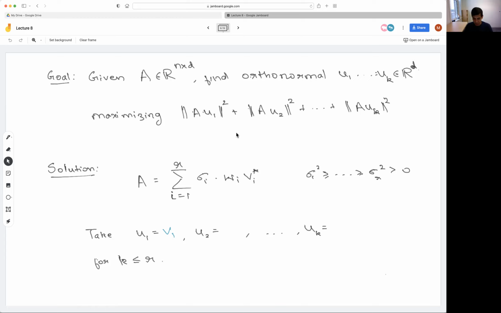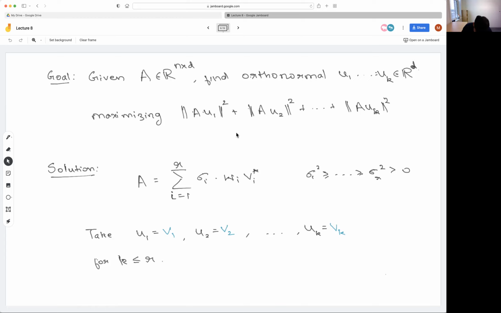So v1 corresponds to the largest singular value, v2 corresponds to the second largest, and so on. And all we are going to do is take the first k of them, which are orthonormal, by the way. The singular vectors do form an orthonormal set, both left and right singular vectors.